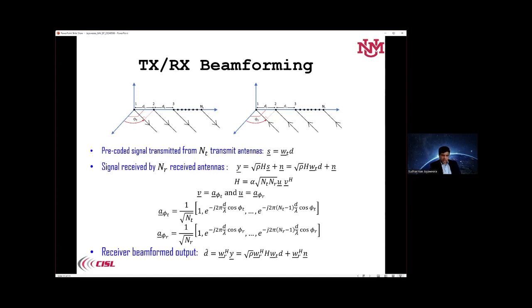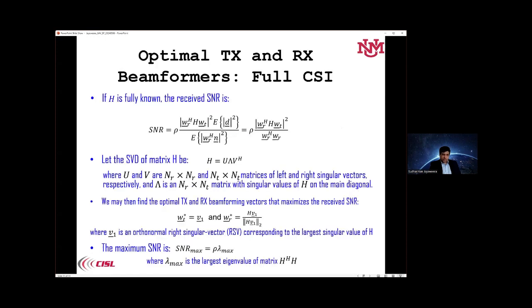Now the optimal beamforming problem you can write as finding W_R, the receive beamforming weight vector, and W_T, the transmit beamforming weight vector, so that you maximize the signal to noise ratio at the receiver.